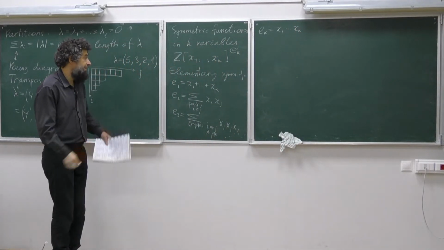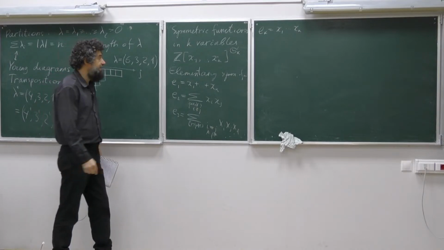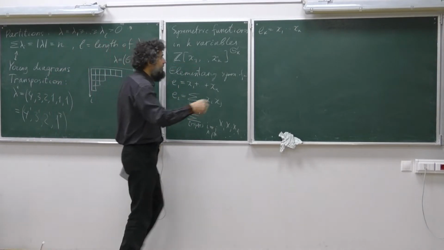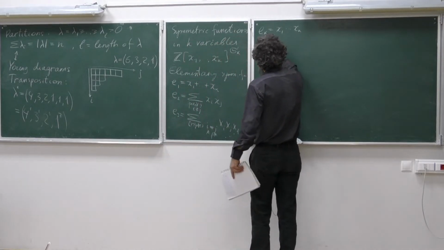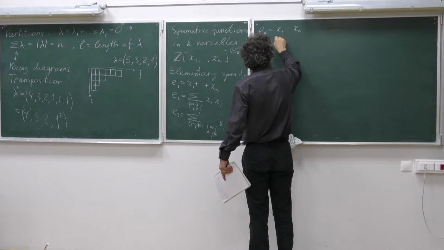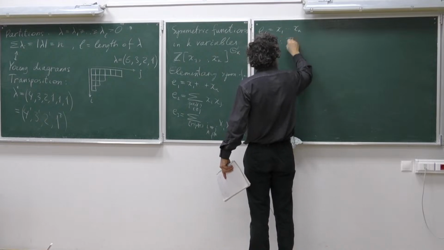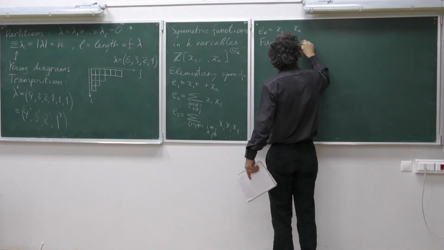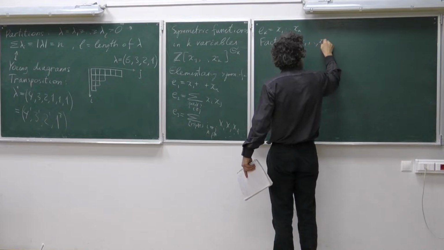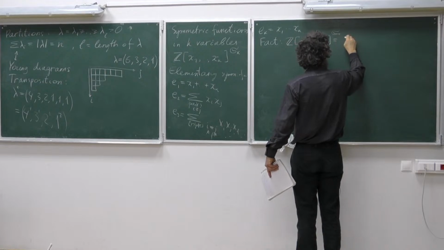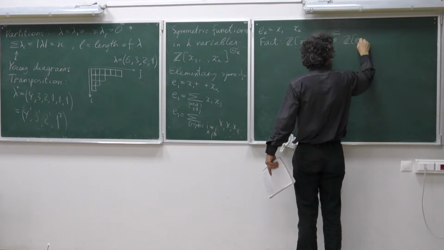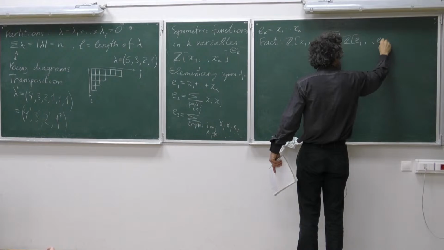Okay. And then it is known that they generate the whole ring, but we will reprove it today. So the basic fact is that this ring of symmetric polynomials is just the ring of polynomials in e1 and so on, ek.